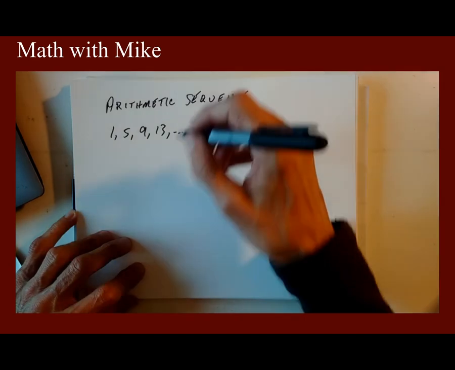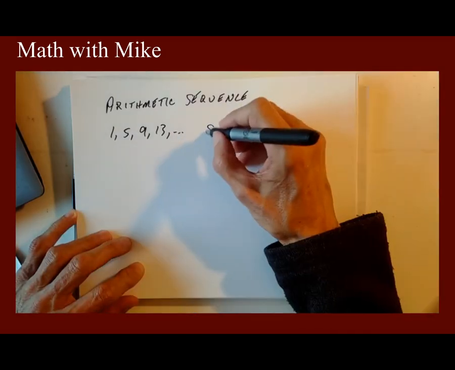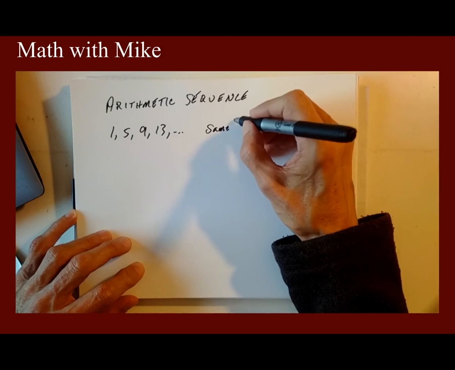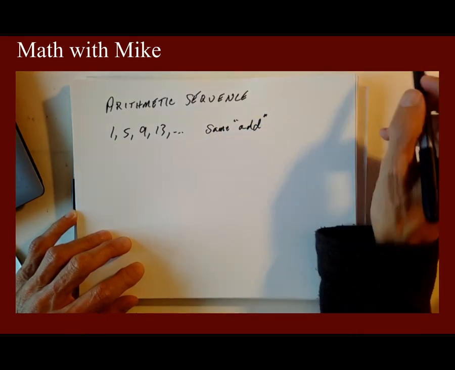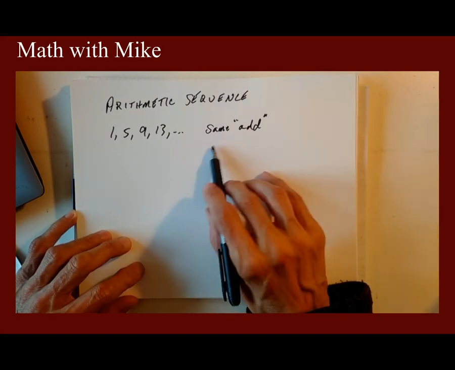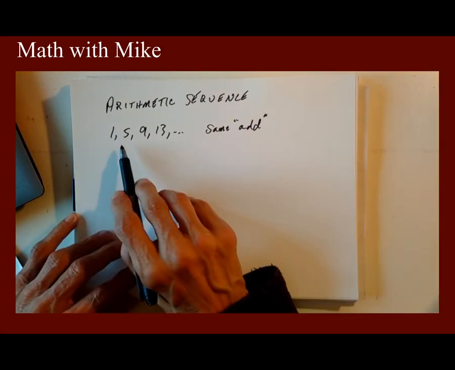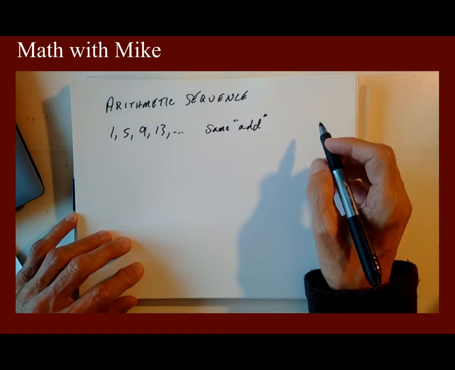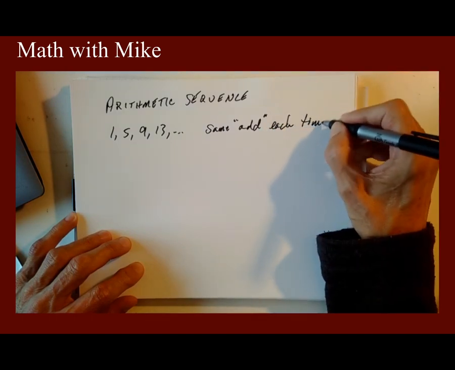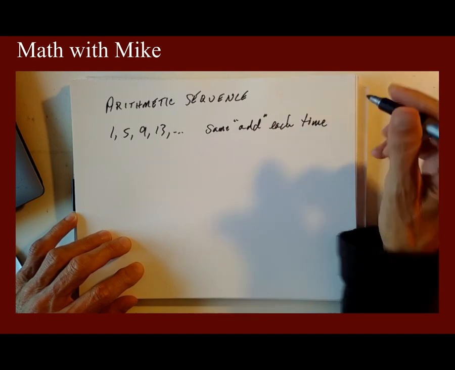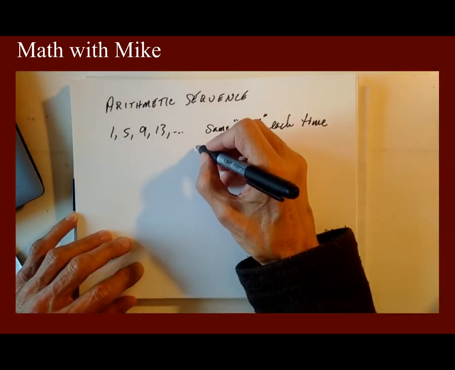What makes this an arithmetic sequence is that you add the same thing each time. It's the same addition, same add, to get from one number to the next.